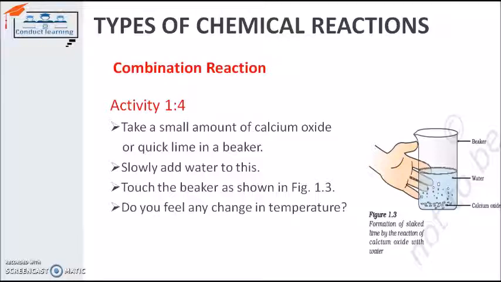We observe that the temperature of the beaker changes when we touch it. This happens because some heat is produced when the chemical reaction happens between calcium oxide and water. What kind of reaction it is, we will study in the next slide.